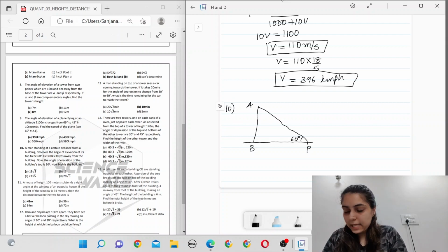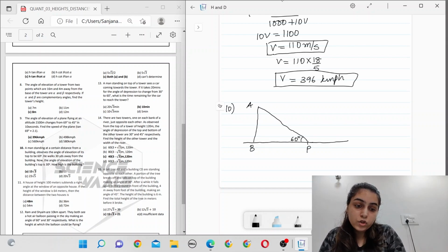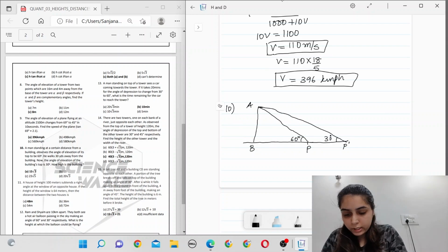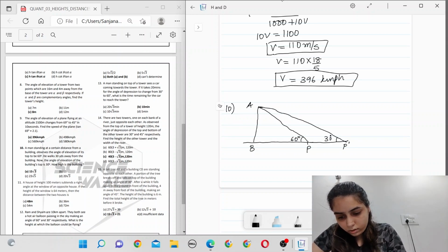He walks 30 yards away from the building. So that means he is going farther away from the building. He says now the angle of elevation is found to be 30 degrees. Right? So this distance is 30 yards.